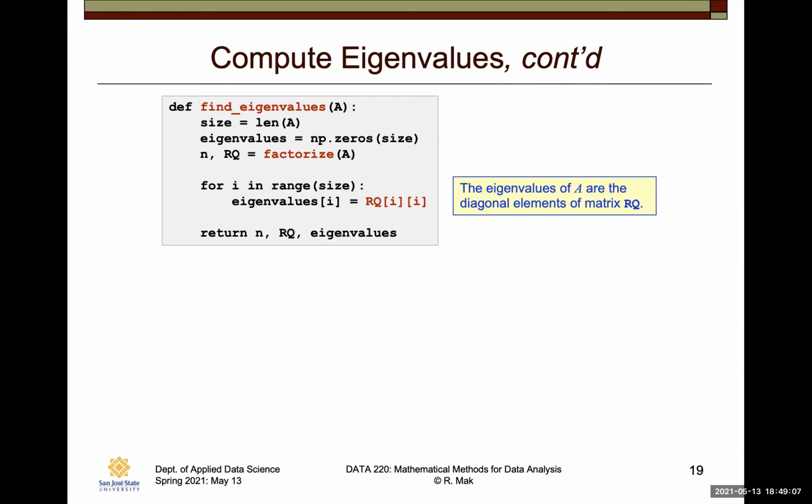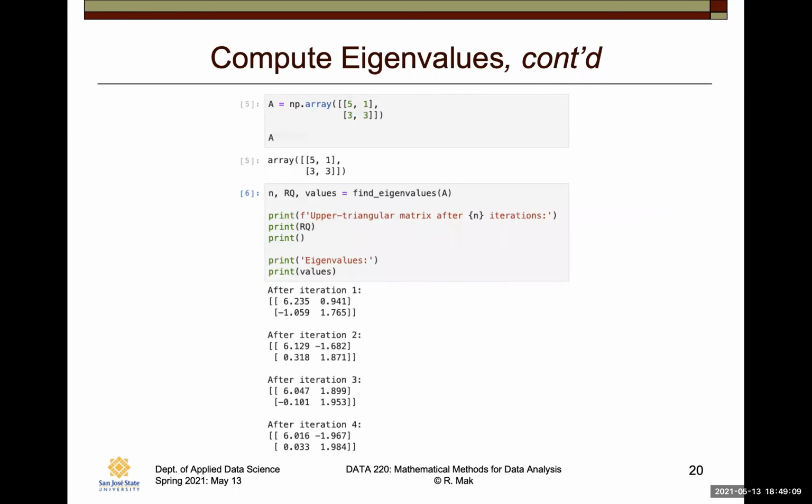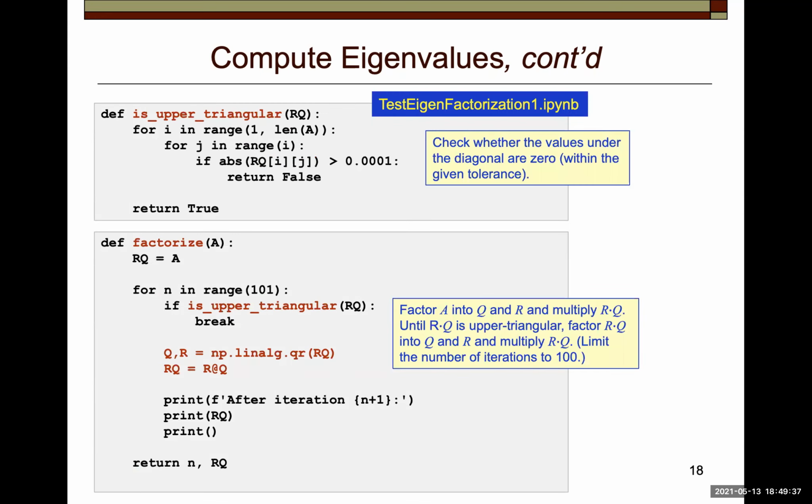All right, so those are 3 functions that I wrote, and let's give it a try. Here is a matrix, and I call my find eigenvalues. Here I'm actually printing out the iterations.